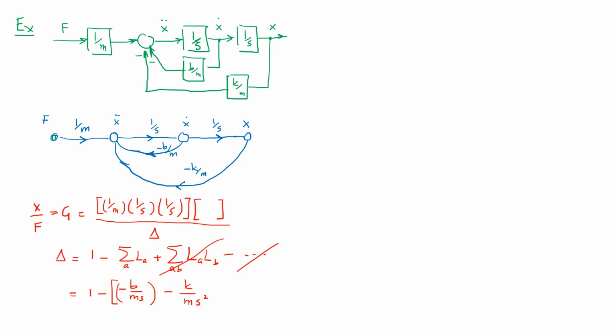So with this realization that you have got these as the two loops, loop number 1 and loop number 2, I can now further expand it. So this is going to be equal to 1 minus, and then the internal minus is going to make it positive, b over ms minus k over ms squared. But now this minus is, because of the minus on the outside, turned into positive.